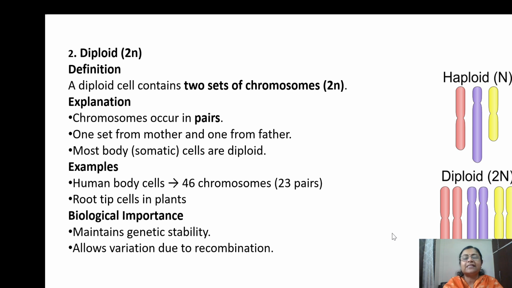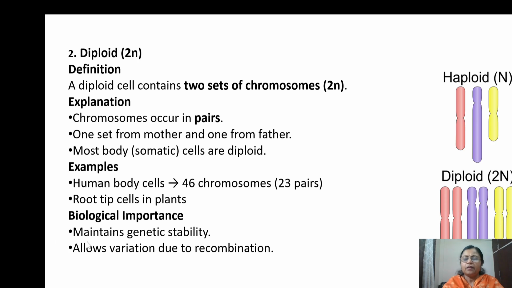Most body cells are diploid. As you know that sperm and egg cells are haploid, whereas most of the body cells, somatic cells, are diploid in nature. Now let's take certain examples. Human body cell, somatic cell, contains 46 chromosomes, meaning 23 pairs. Root tip cells in plants also possess chromosomes.